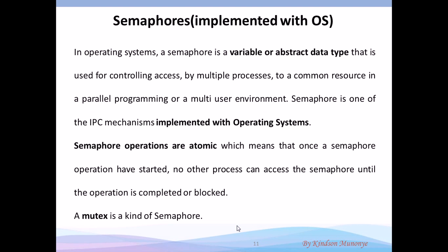Now we have another technique we call semaphores. Semaphores are a very important topic in operating systems. A semaphore is either a variable or an abstract data type, that is, a data structure, used for controlling resources that are shared by multiple users or multiple processes. A semaphore is a data structure provided by the operating system. So it's not a data structure that is written by the programmer. It's implemented by the operating system. And what does it do?